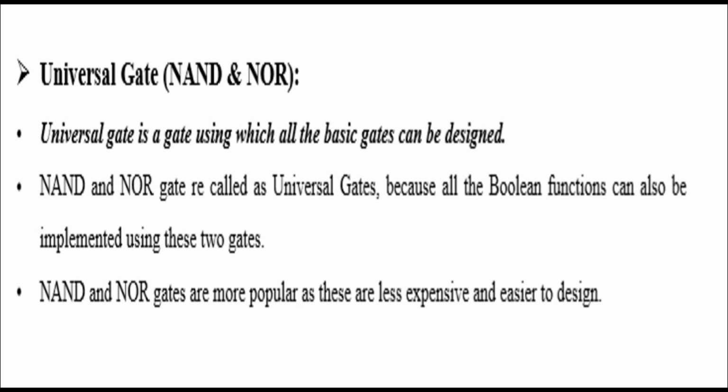So that's why the commonly used gates are NAND and NOR. So those gates are called universal gates. In the next class, we will see how to implement the basic gates using the NAND gate or maybe by using the NOR gate.